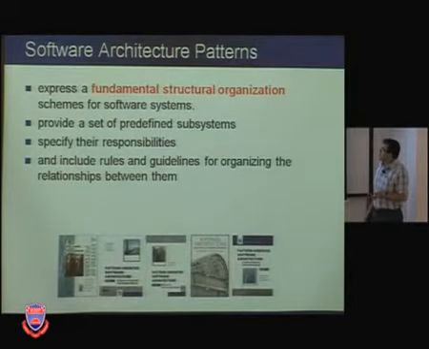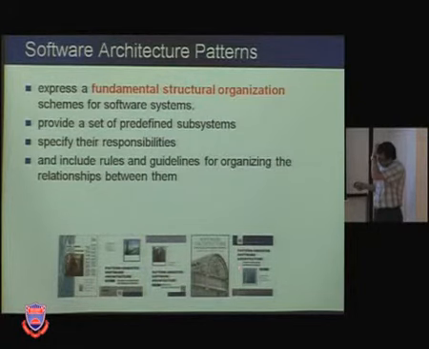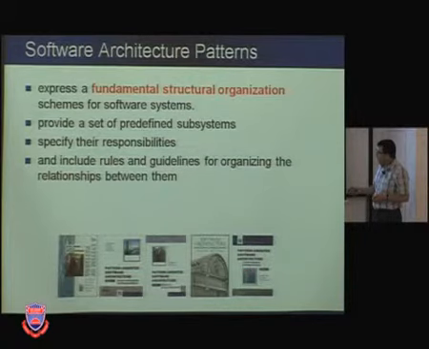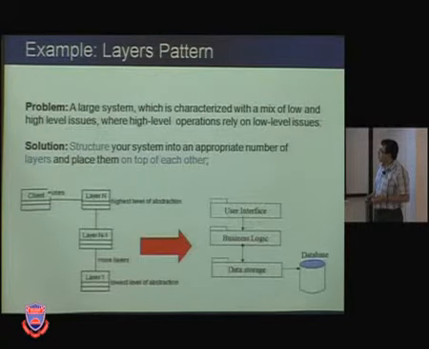What is a software architecture pattern? It's a pattern at the gross level of structure. We have discussed some patterns from this book, but there are also other books on architectural patterns. This is an example of the layers pattern, as we have seen, where you structure the system into several layers.